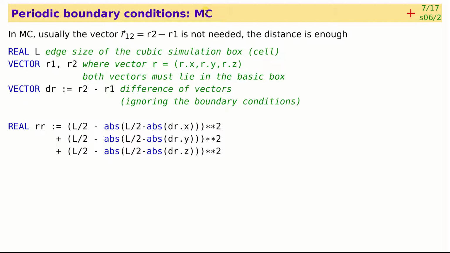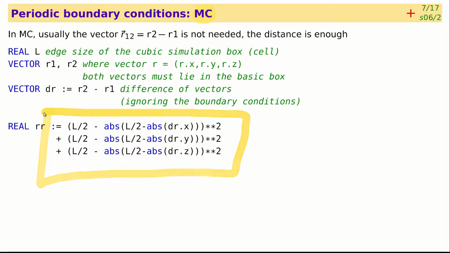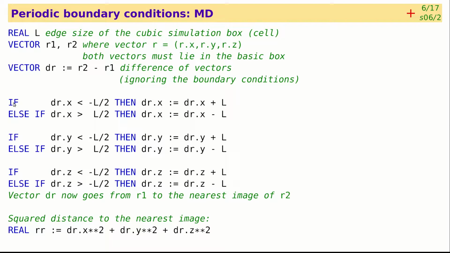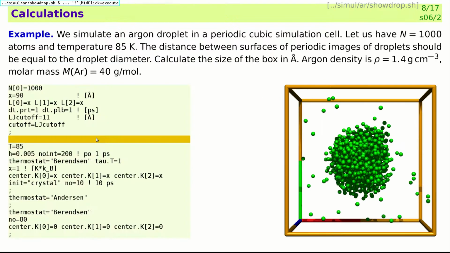In Monte Carlo, it's enough to calculate the distance, so we can use a simpler trick rather than an if here. And also, if we have a really big system, it is usually split into small cubes, and the algorithm, to be efficient, runs by slabs and by these cubes. It's called domain decomposition.